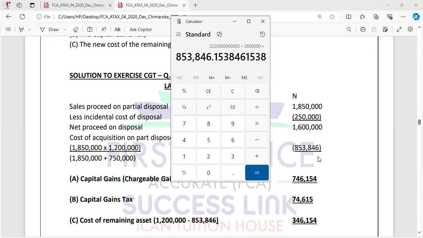So you have seen how we calculate the cost of acquisition of that part. Imagine 1,200,000 was the original cost of all the assets.